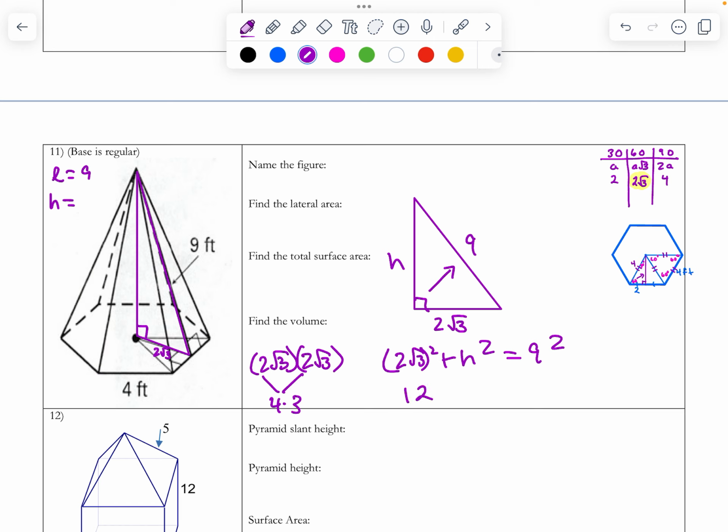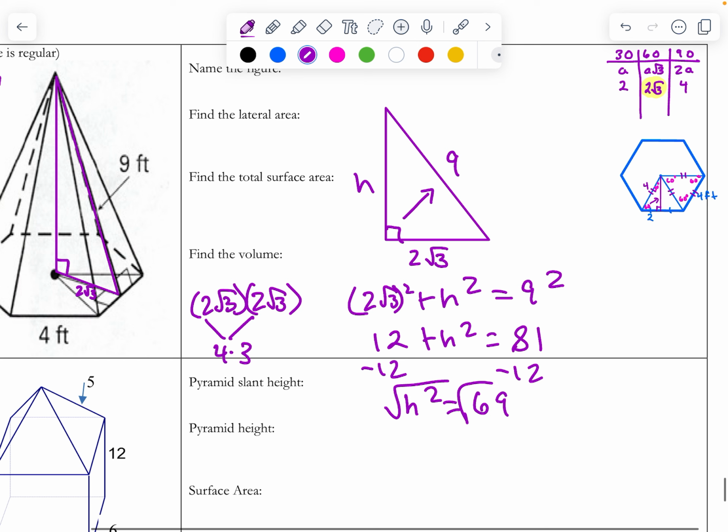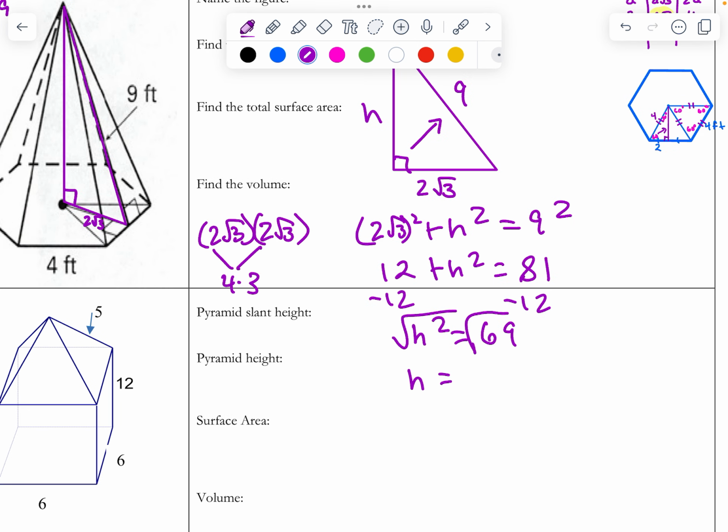So this is 12 plus h squared is going to equal 81. And now we subtract away 12 on both sides, and I get h squared is equal to 69. And then we can square root both sides to get a final answer. H is equal to the square root of 69.